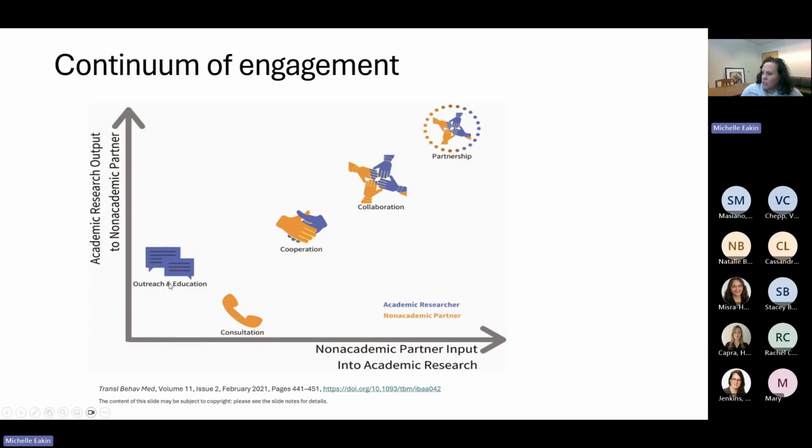Maybe where there's more consultation, outreach, and education, it's less input and it's more kind of one and done. You're either getting input from the non-academic partner to you, or you're giving outreach to them. And then you can see cooperation, collaboration, and partnership. Cooperation where there's maybe a board and they're providing consultation. Collaboration where there are more members of the team, and then partnerships where they're really working equally on the project together.